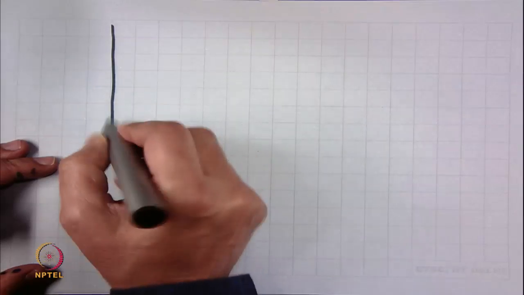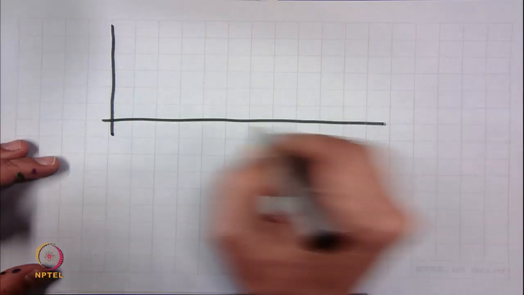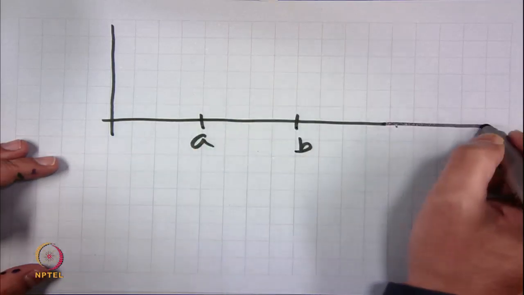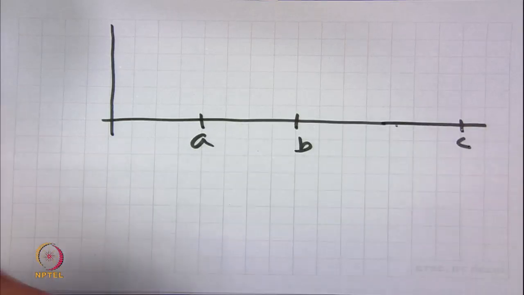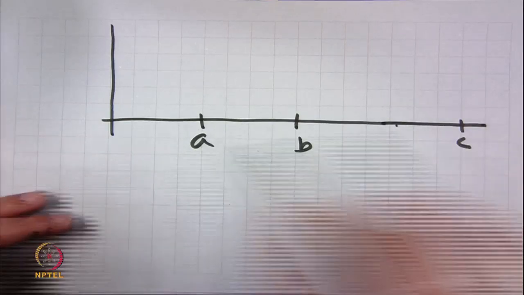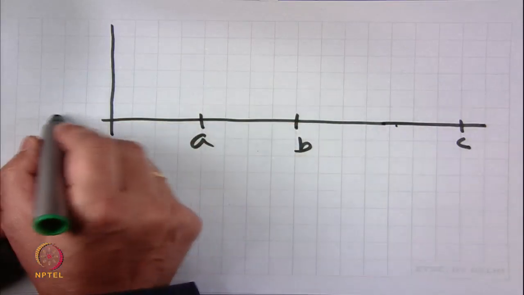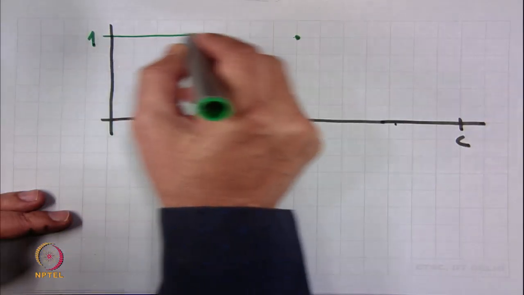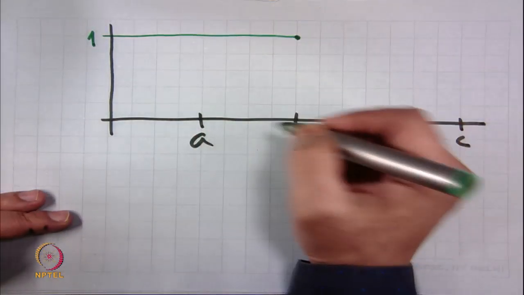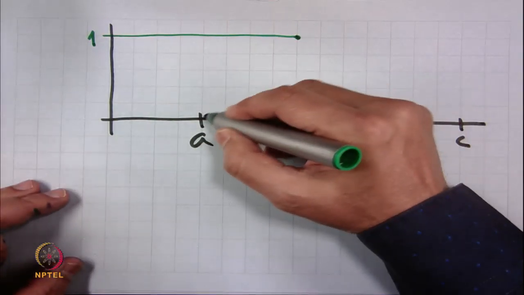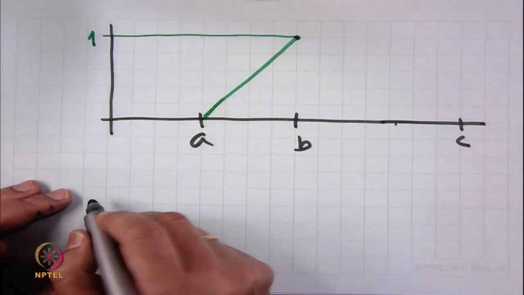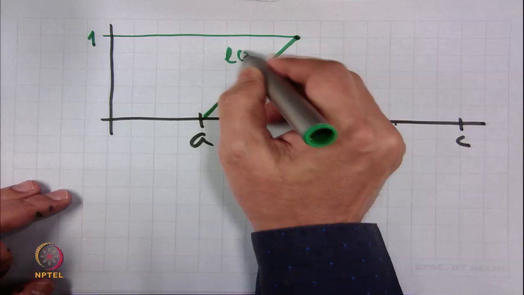So, let me use a diagram. Suppose this is my a, this is my b and this is my c. We are saying that by the above definition, b has the membership value 1. In the interval a to b, Lx is going linearly.